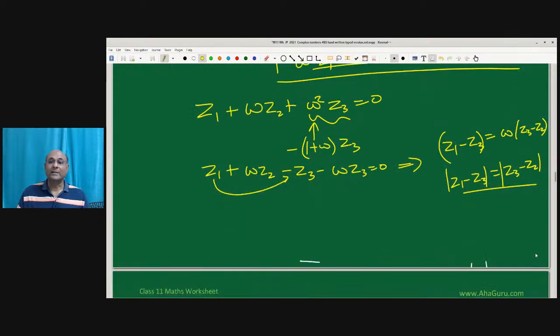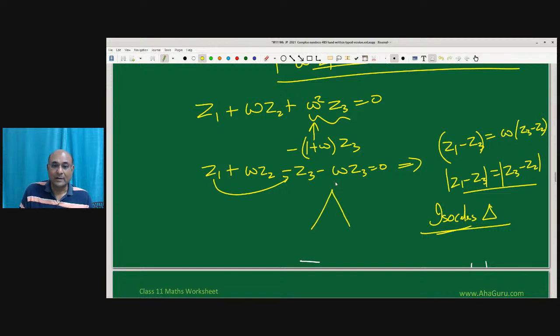What does this tell you? This tells you it's an isosceles triangle. Because Z1 to Z3 and Z3 to Z2, the distances are equal.